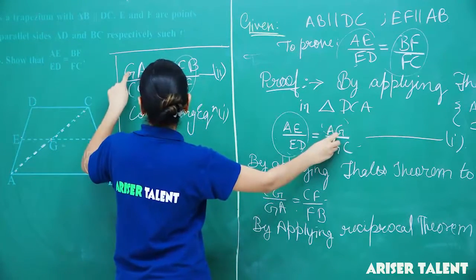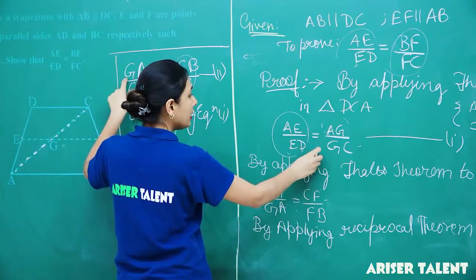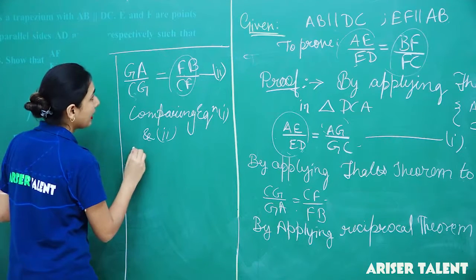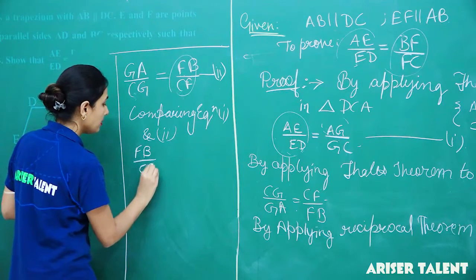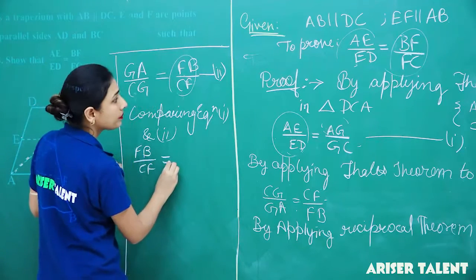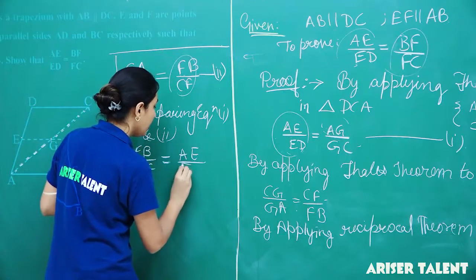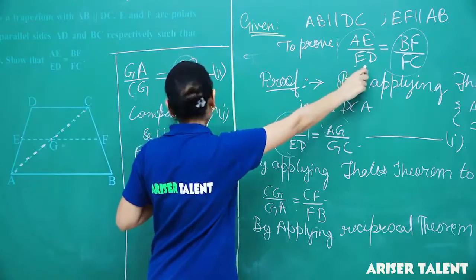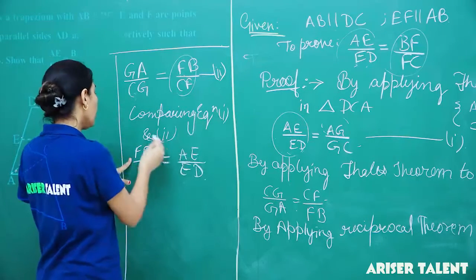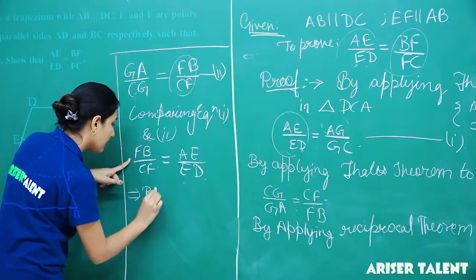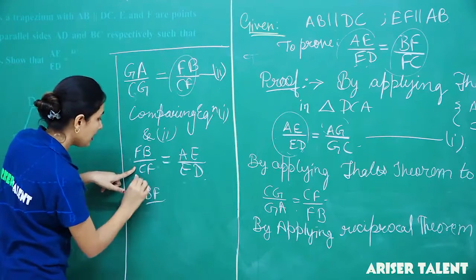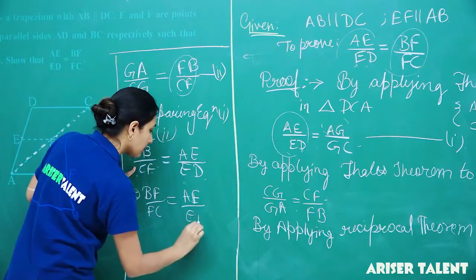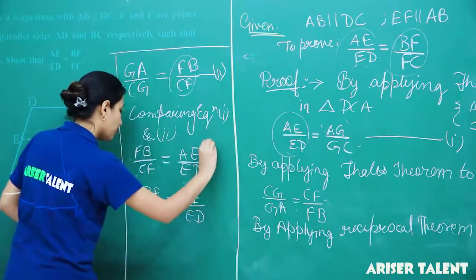The term AG and GC is common here. So we can conclude that FB by CF will be equal to AE by ED. So we have to prove this only: AE by ED will be equal to BF by FC. You can write CF as FC also. So, here it is proved.